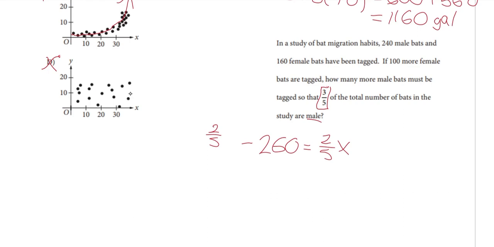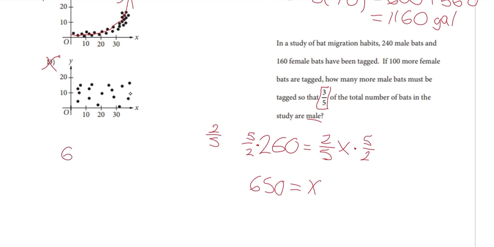In order to get x by itself, we have to multiply by the reciprocal on both sides. So we're going to multiply by 5 over 2 on both sides. And if we plug this into our calculator, 260 divided by 2 times 5 is going to give us 650, which is the total number of bats.